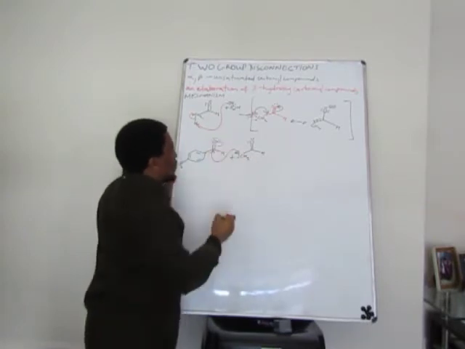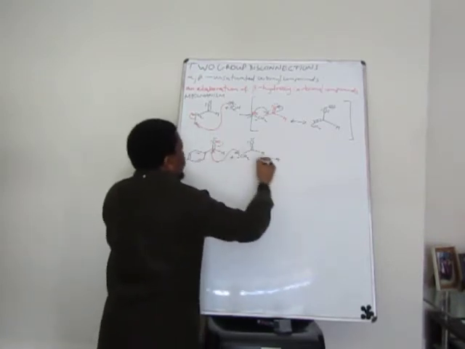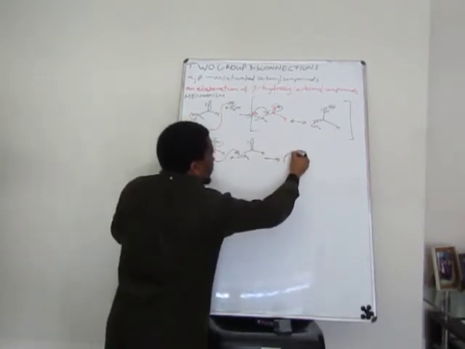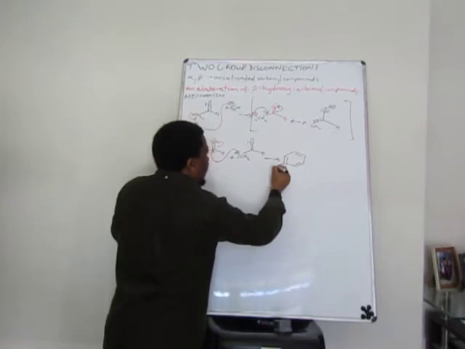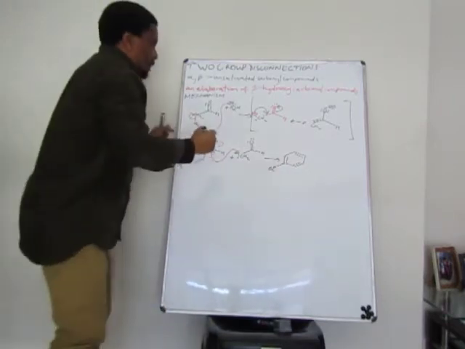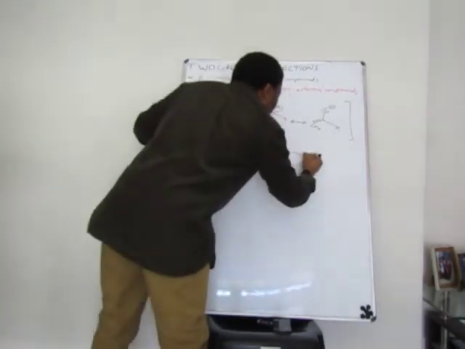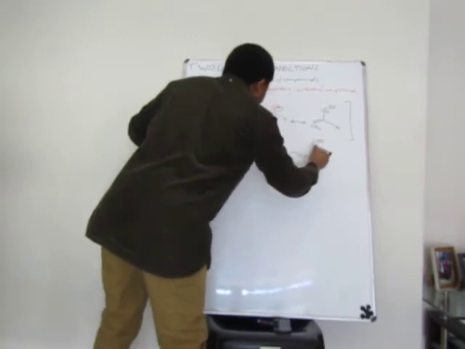This goes out, and then what do we form here? We form this: the ring with the double bonds and my NO2. And then this oxygen, with lone pairs, which is negative in charge.